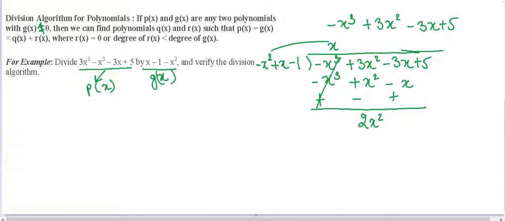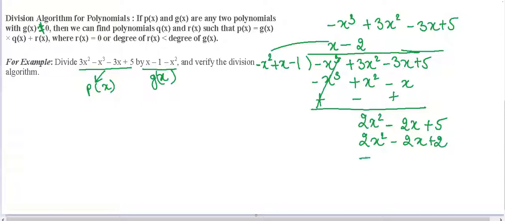Here you will get the answer as minus 2x plus 5. Here you will write the next digit, which will be negative 2. Now negative and negative will be positive 2x square, negative positive will be negative 2x, and negative negative positive 2.